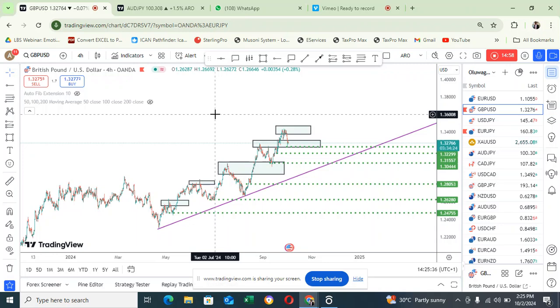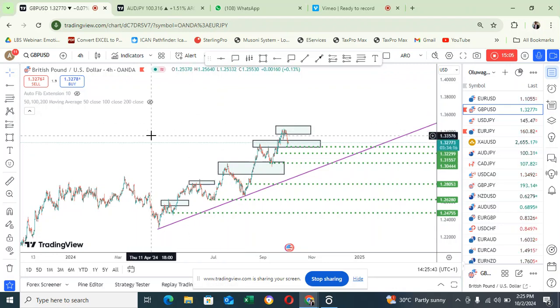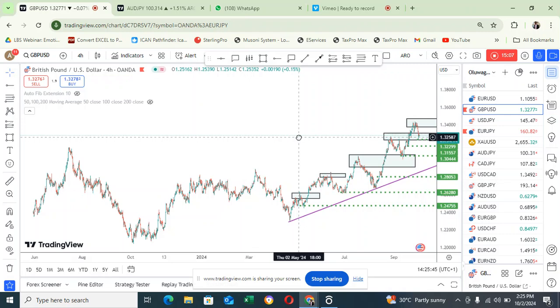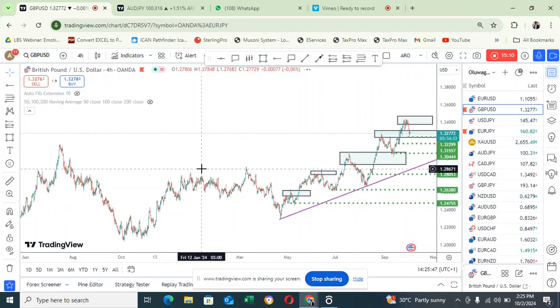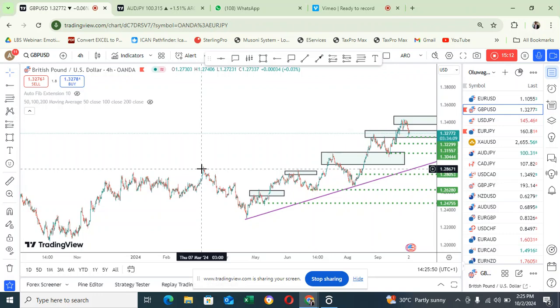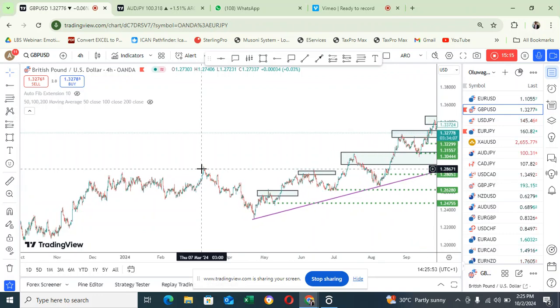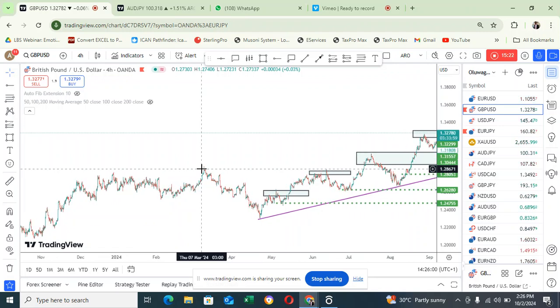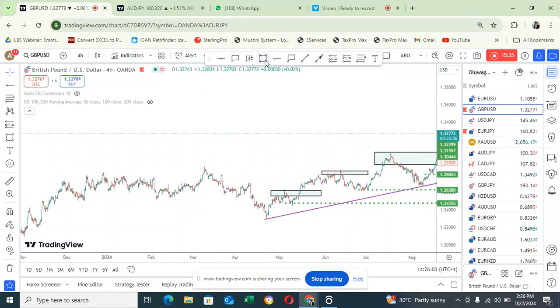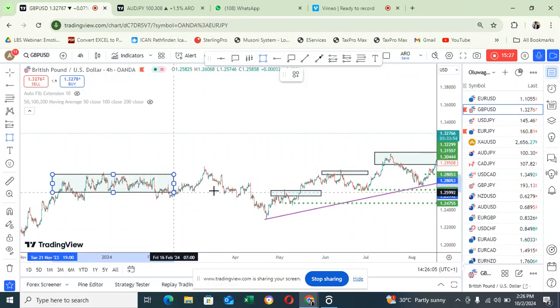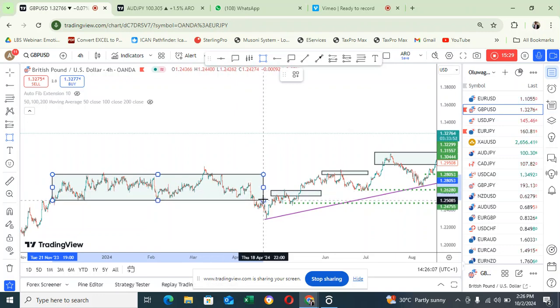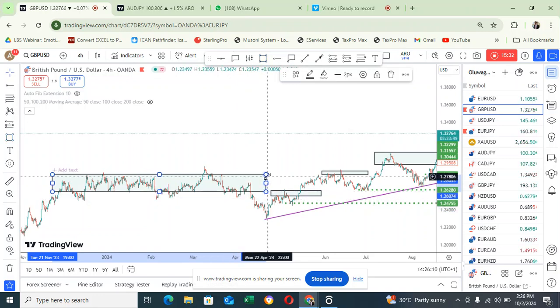Then for the last market structure, we talked about a range market. Let me use this to explain a range market. What range means is that the price is contained within a particular high and low, so the price will only be moving in that particular area.